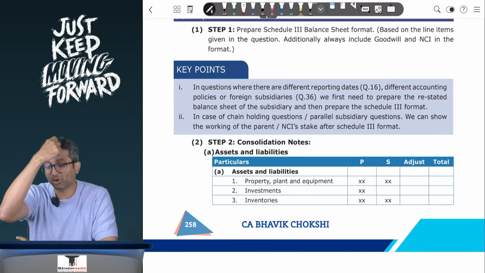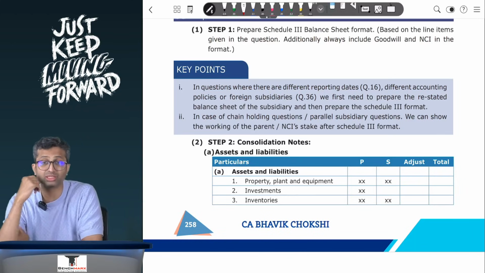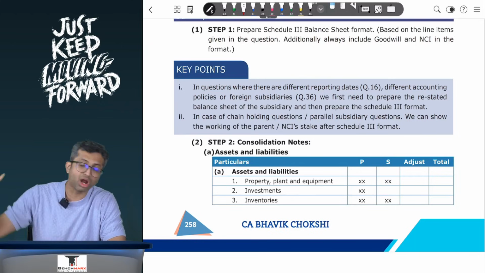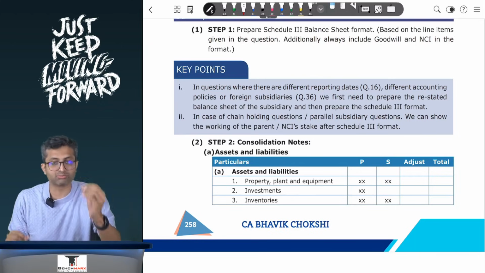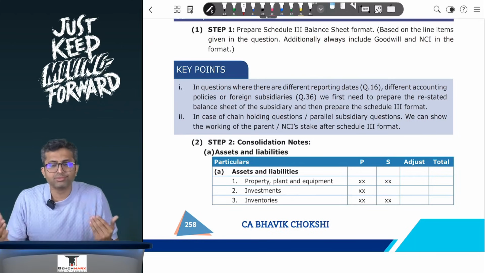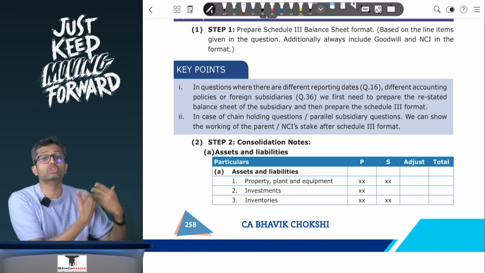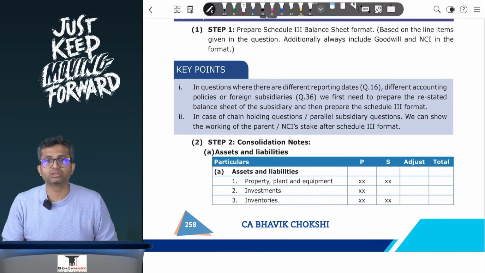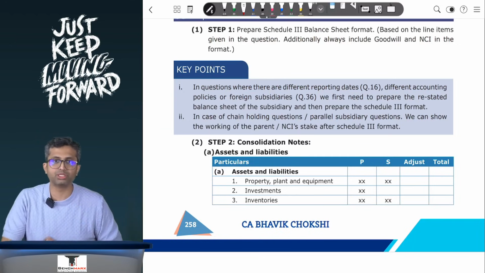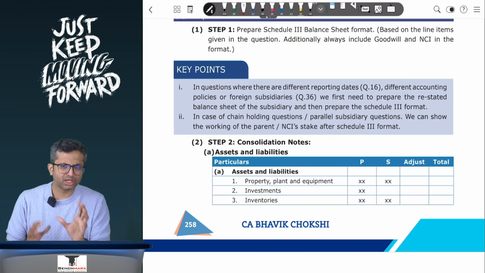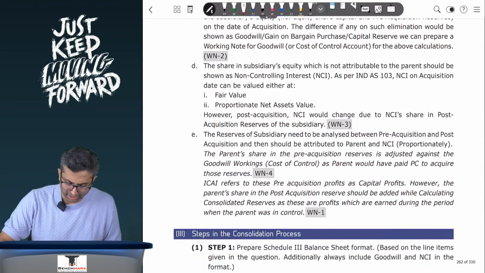So if I look at 40,000 being the net assets of the subsidiary, 30% of that 40,000 belongs to someone else. I've consolidated 100%, the entire 40,000, but out of that, 30%, that is 12,000, is attributable to someone else, and hence you create a non-controlling interest for that 30%. That 12,000 will be the base on which you will create the NCI. So over here, the NCI, or the non-controlling interest, can be created.